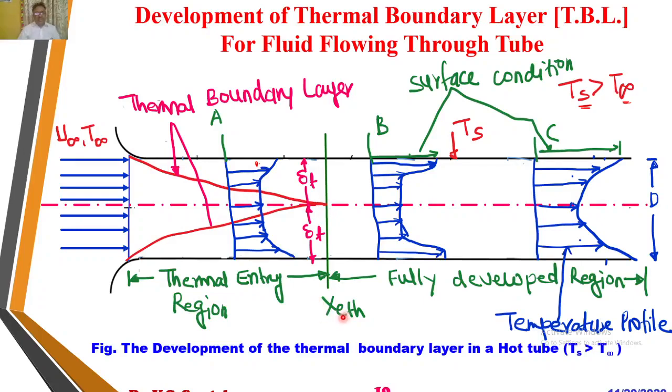This length is called the thermal entry length, and beyond this thermal entry length, the temperature profile is fully developed. So this way, the development of the thermal boundary layer will take place in the case of fluid flowing through the tube, either hot or cold.